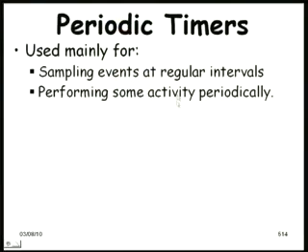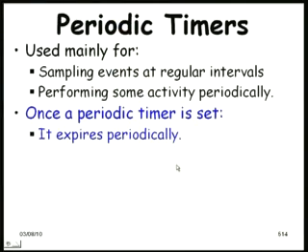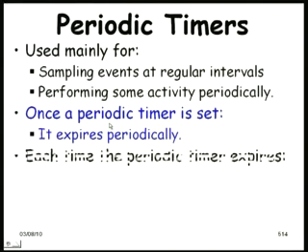Now, let us look at the aperiodic timer also, we will see what its main use is. The periodic timer is set once, and once it is set, it will keep on giving timer interrupts periodically.